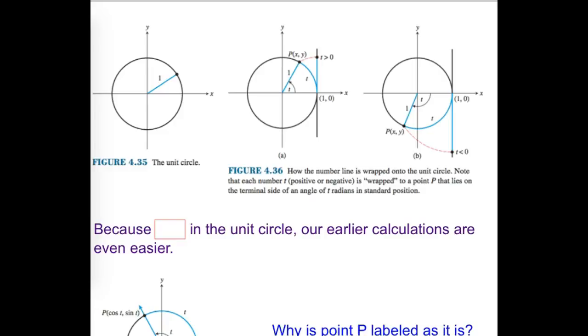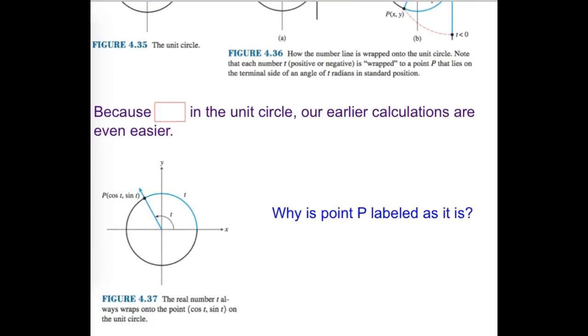Again, we can do that in a positive direction. We can do it in a negative direction. You're just wrapping that tape measure around it. And again, we have defined our unit circle to have a radius of 1, so it's going to make things a lot easier.